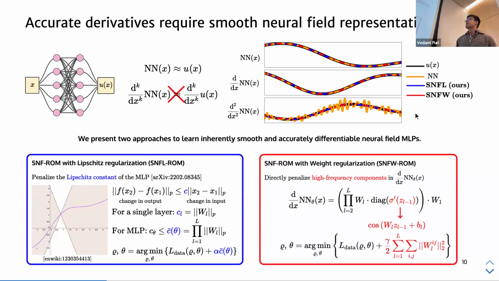To understand the second method, which is smooth neural field with weight regularization, what we did is we wrote down the expression for the first derivative of a neural signal representation. And we saw that these cosine W terms were popping up all over the place, and we matched them to the high frequency noise. Obviously, the bigger the W, the more the frequency.